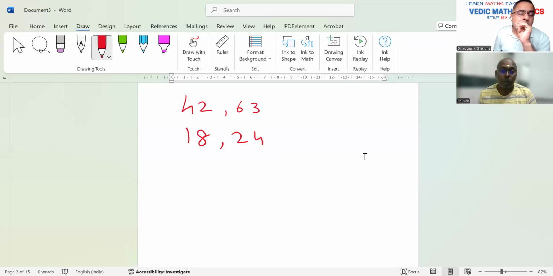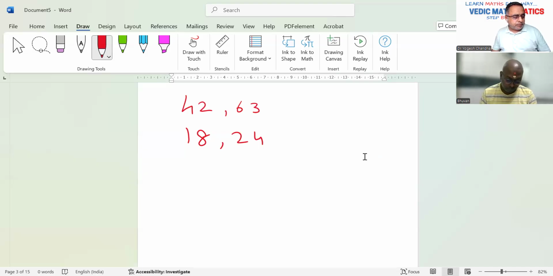LCM 72. Yes, Rakesh, Aruna. HCF 6, LCM 72. Yes or no?